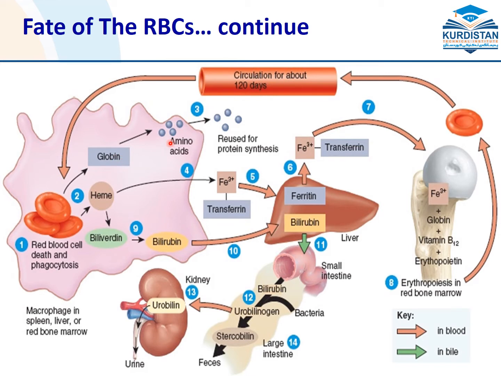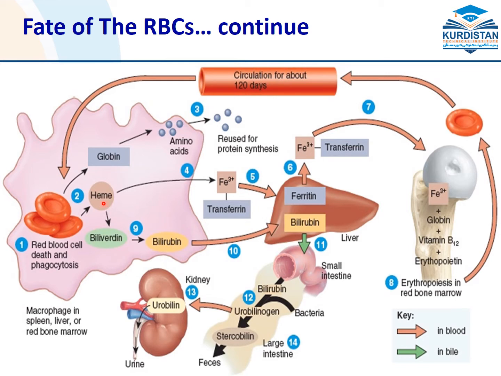The globin is a protein which is made of amino acids, and within the macrophage it can be again degraded and hydrolyzed to form what? Single amino acids, and the amino acids can be used in the process of protein synthesis, and the excess can be excreted out by the kidneys.